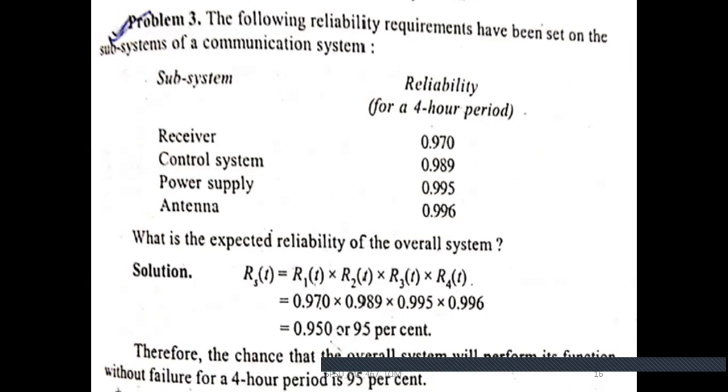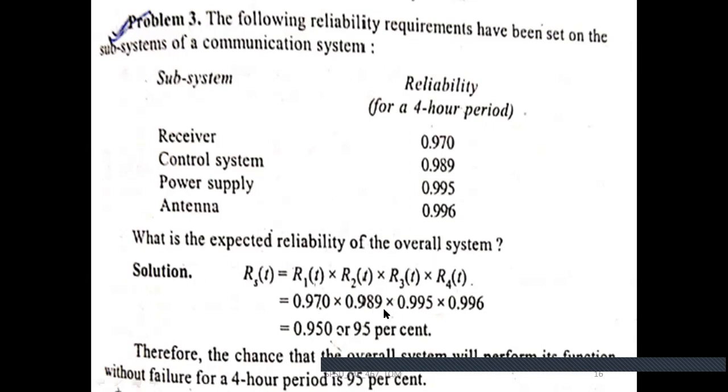As we know, these systems are arranged in the form of series. So we use the formula of the series system: Rs(t) is equal to R1(t) into R2(t) into R3(t) into R4(t). The values R1(t), R2(t) and so on are given in the numerical.